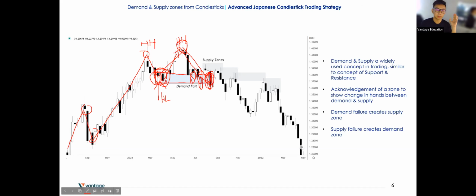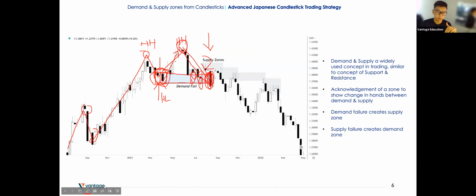So if you compare the first zone and the second zone, it suggests that in the second zone, a great portion of buyers have already left the market, or a greater portion of sellers have already entered the market, and caused this demand zone to fail.